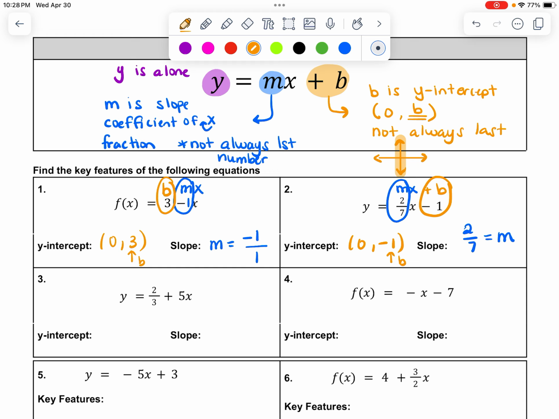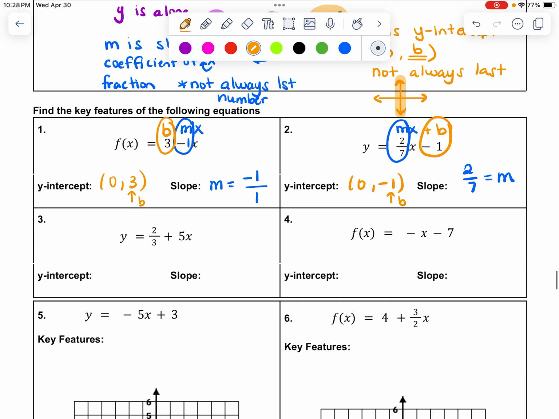Let's try another one that's a little tricky. So problem number 3, again, I'm just going to line everything up, my mx and my b. Mx plus b is the other guy. M is 5. So my slope is 5, and I'm going to make that a fraction by putting it over 1. B is my y-intercept.